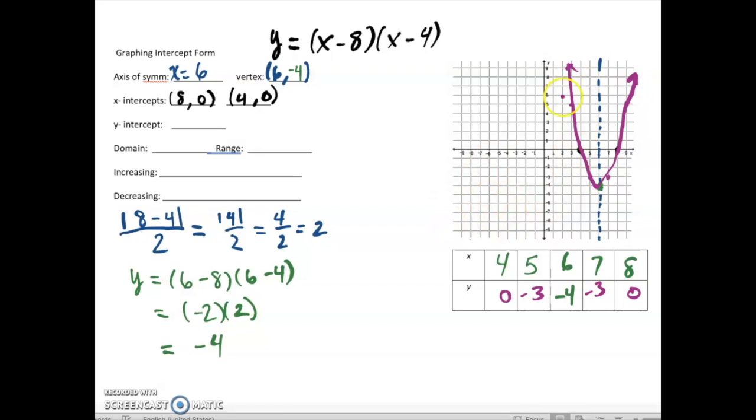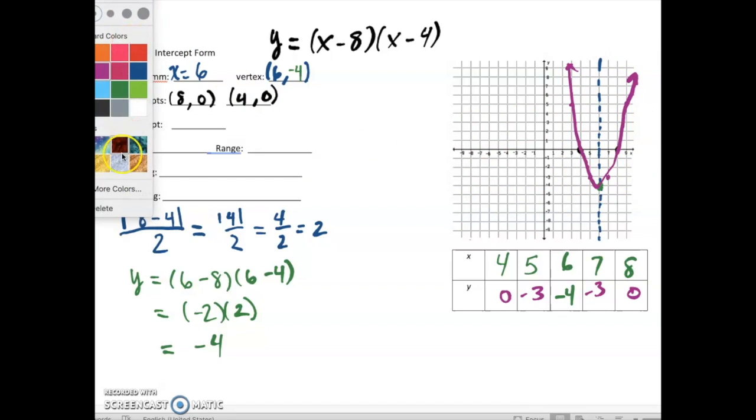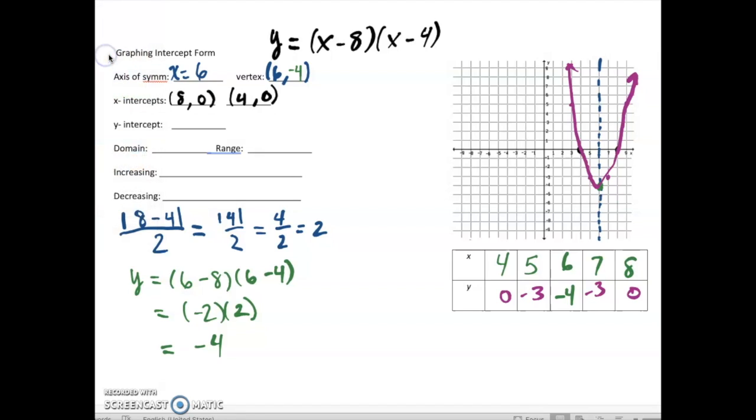Okay, so there's my parabola, so to speak. Sorry, it's kind of hard to draw, but so far so good. I just plugged these points into my equation, and it got me my y values. Luckily for me, I didn't need to do anything for 4 or 8 because I already knew those were my x-intercepts, so those had to be 0 for my y value.